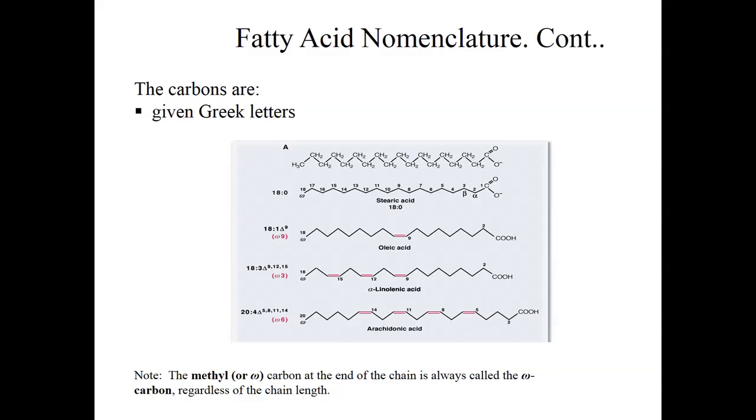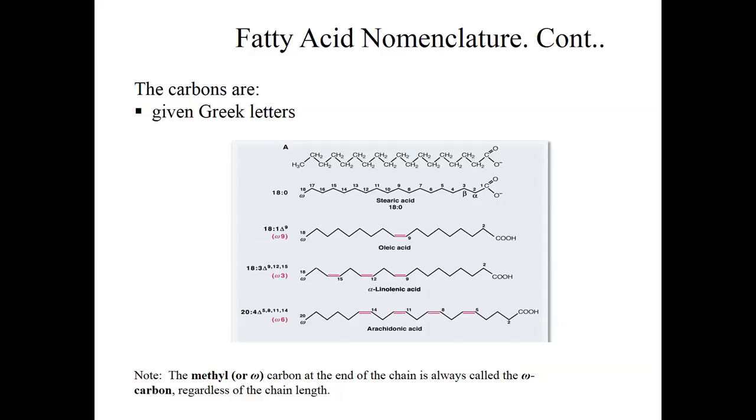Now, let's go to the next one and it will start making much more sense to you. Let's look at this. This is omega 3, which means the first double bond you see is at position number 3, started from the omega end. Okay? So omega 1, 2, 3. I'm sure you have heard about omega 3, omega 6, those are good essential fatty acids and so forth. All right, good. So that's why, in the nomenclature, you start counting from the methyl end, not from the carboxyl end, but the methyl end, okay?